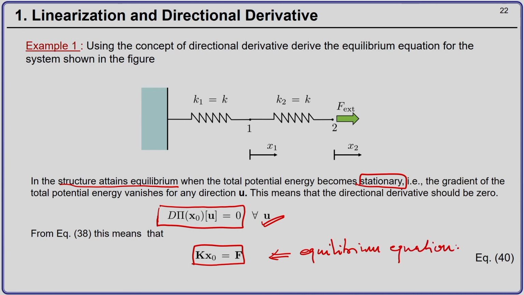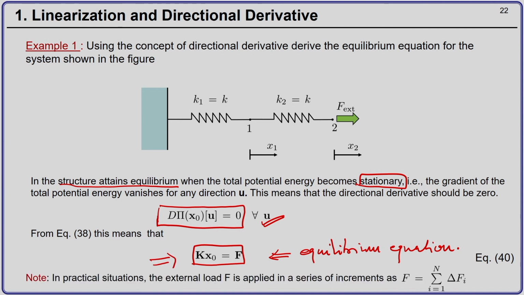So, you see here how the concept of directional derivative has helped us in deriving the equilibrium equation for the two spring system under the action of one external force with equal spring stiffness. And the final expression is given by equation number 40.